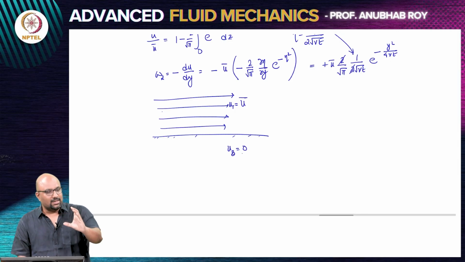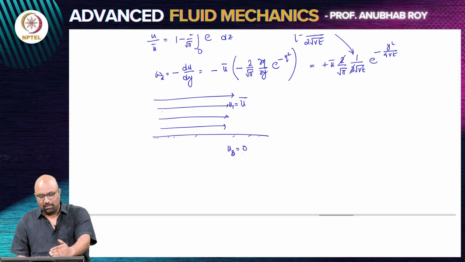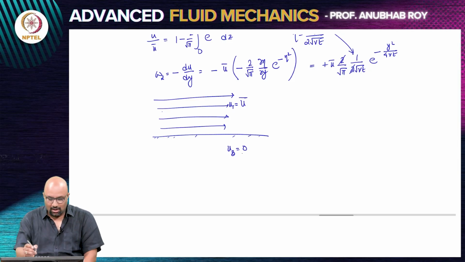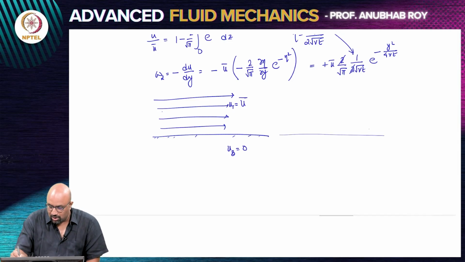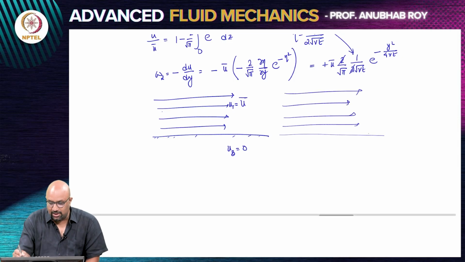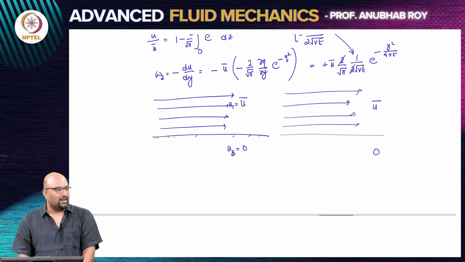So there is a stream that is coming in, there is a plate which is there, and now the bottom fluid is at rest. Now the plate terminates. Once the plate terminates, what you are going to have is a fast moving stream moving with u bar and a quiescent stream which is at rest.